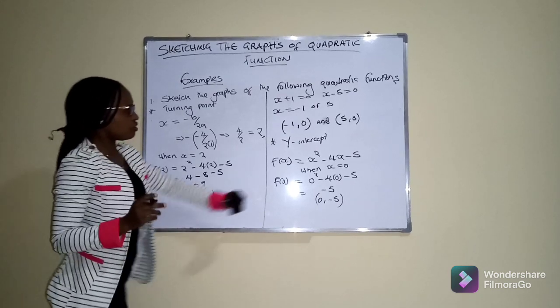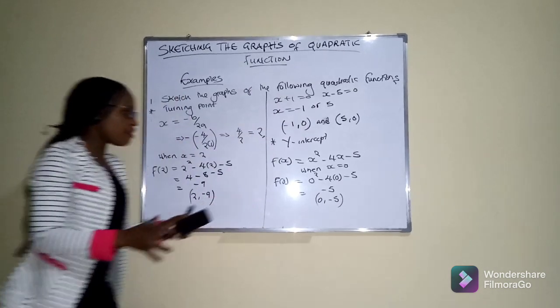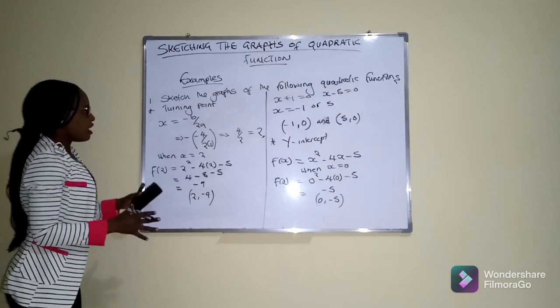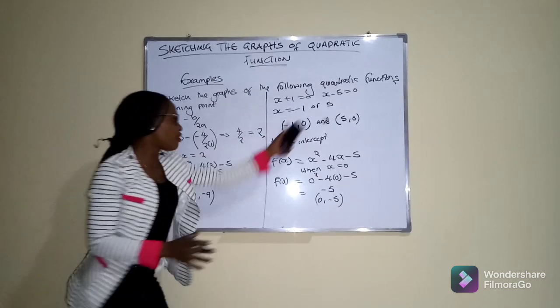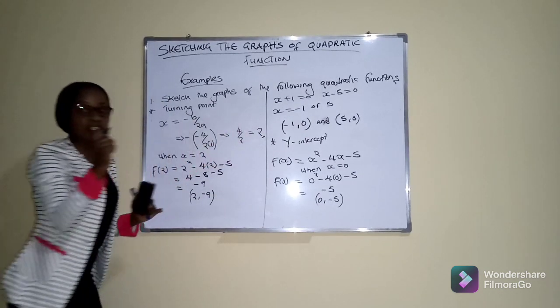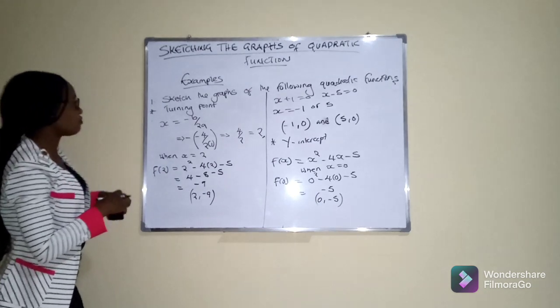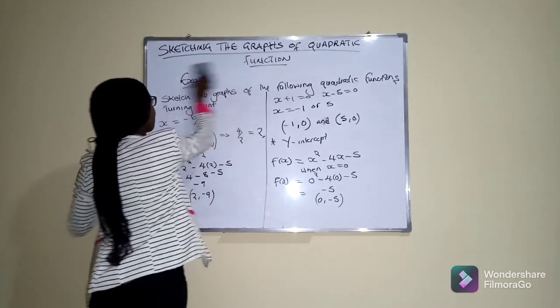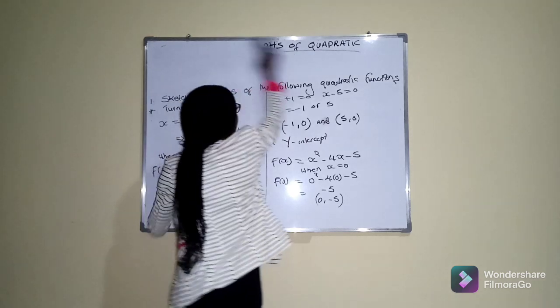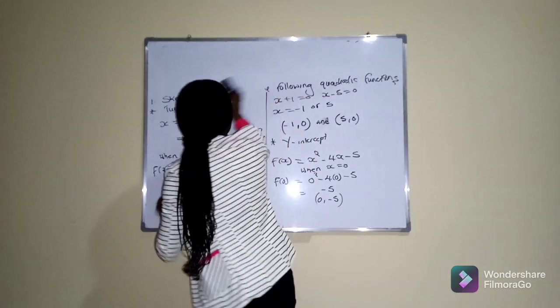Okay, so I want to wrap the other side, but before I wrap the other side, I'll write these points down so that it will be easy for us to graph.